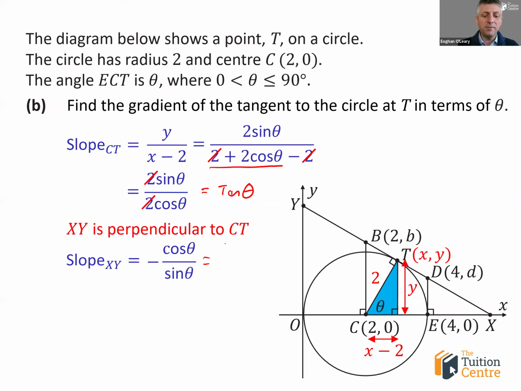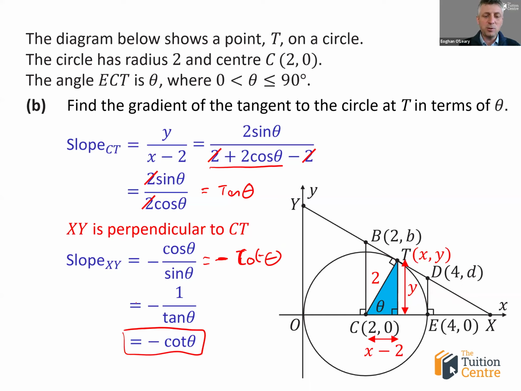And if you go to page 14 of the table book, you'd see that cos theta over sine theta is cotan, and the reason it's minus is just because we have our minus there already. So it's minus cotan of theta. Or some people would say it's minus 1 over tan theta, which is minus cotan theta. Okay, so that's your answer.